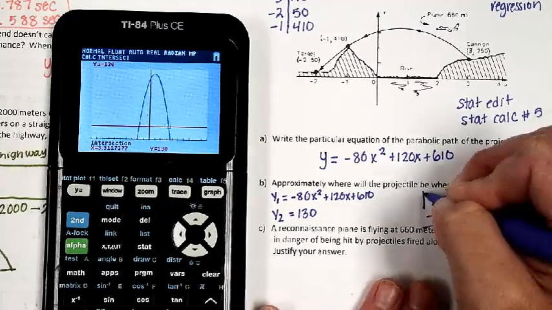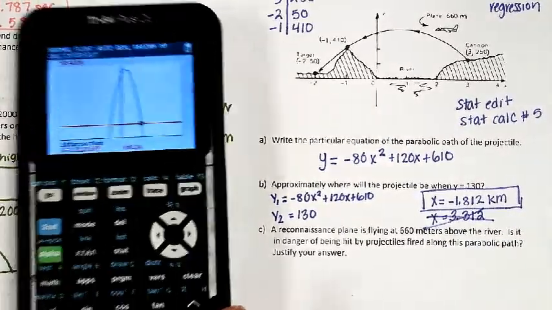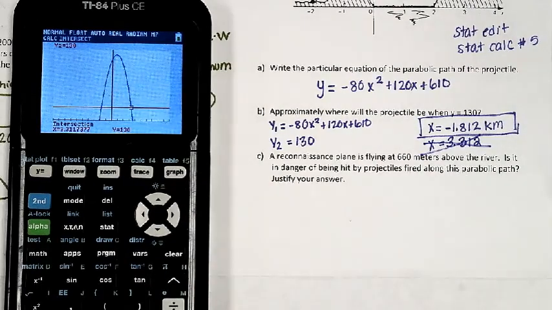So then the last one, a reconnaissance plane is flying at 660 meters above the river. Is it in danger of being hit by projectiles fired along this parabolic path? Well, to know, don't we need to figure out the maximum height that it's going to go?